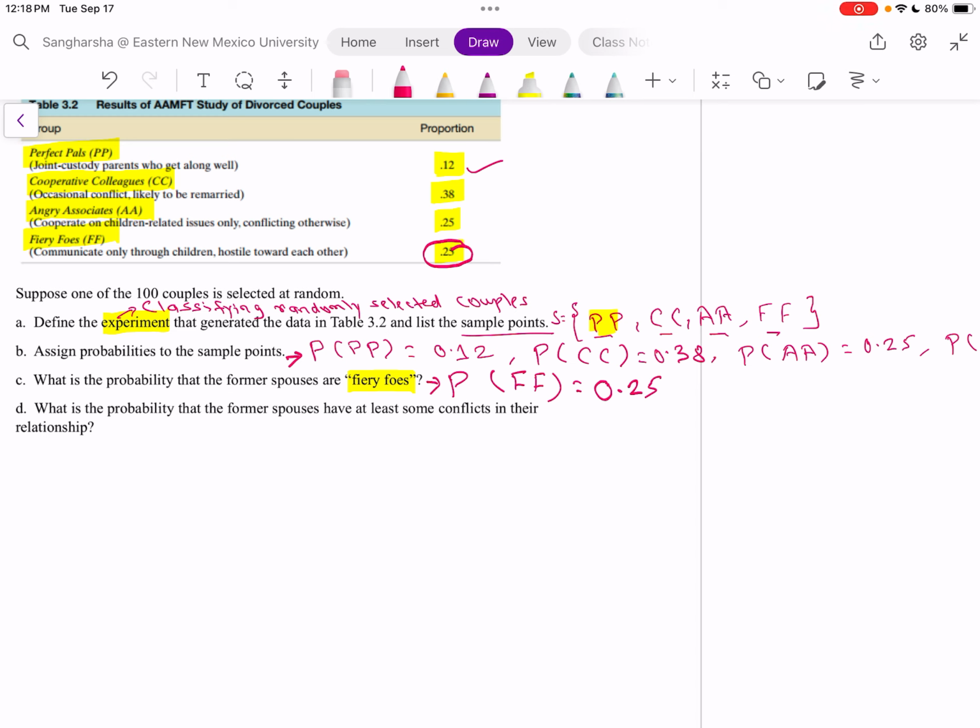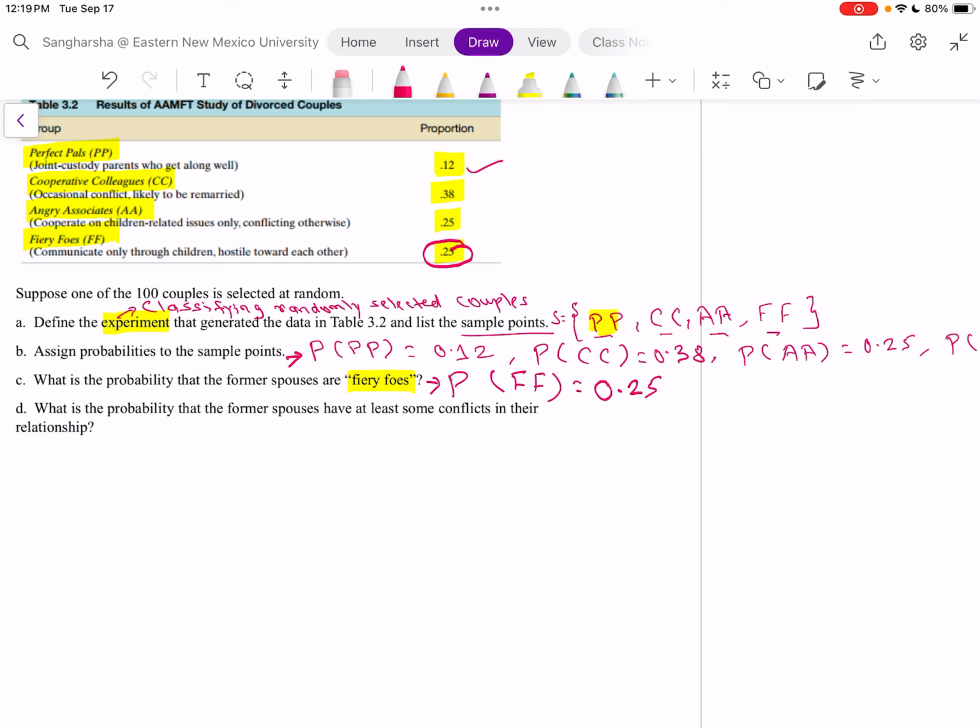Are we interested in all of the 4 sample points or one? You're going to make a list of sample points for this event. Our event is the former spouses that have at least some conflicts in their relationship. Once you have that list of sample points, you add the probabilities of those sample points, and you get the probability.